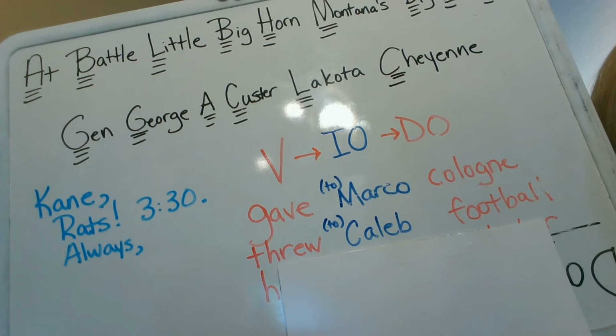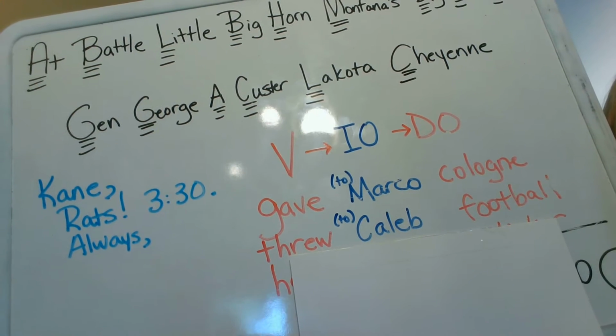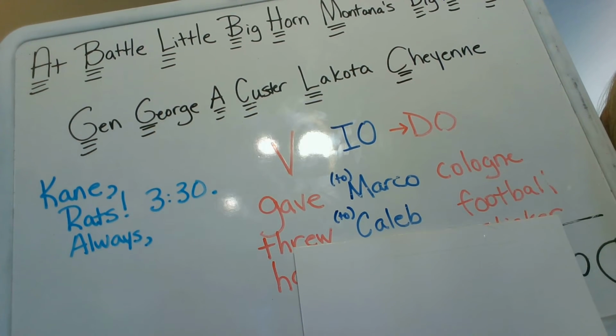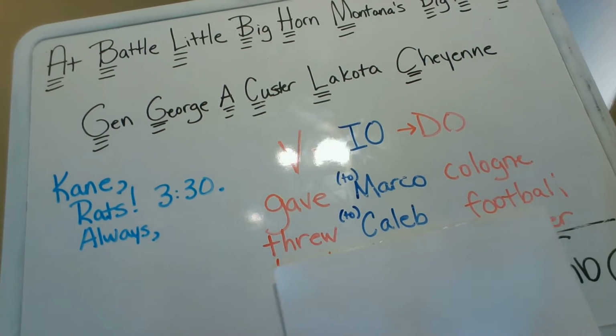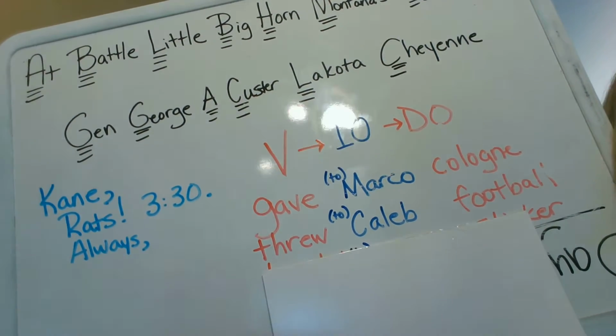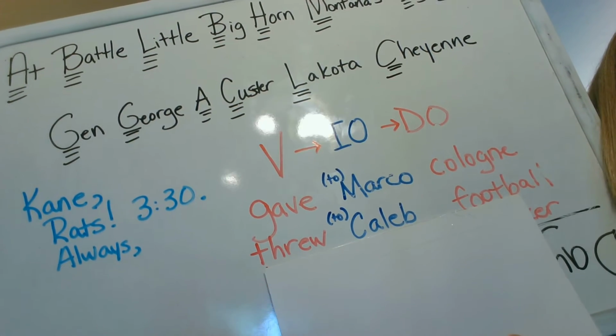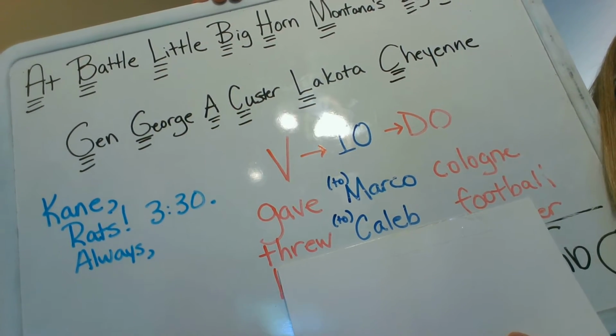All right, so now let's take a look at the sentence on the handout. The police officer handed the kindergartner a bright sticker. What is the subject of the sentence? Police officer. What did the police officer do? He handed. What did the police officer hand?